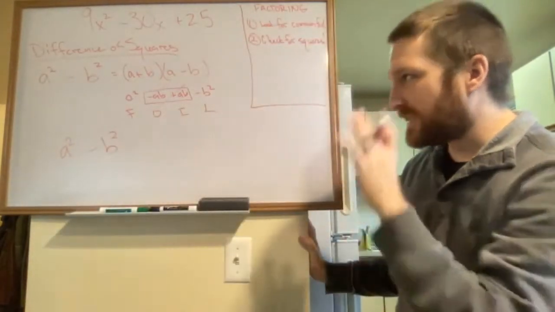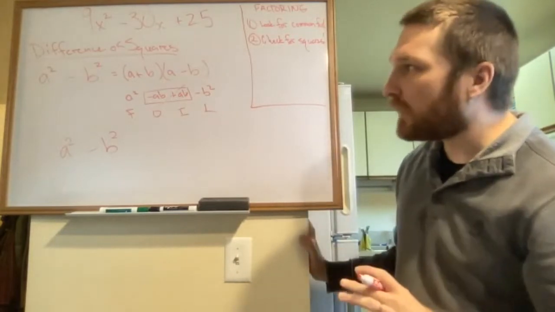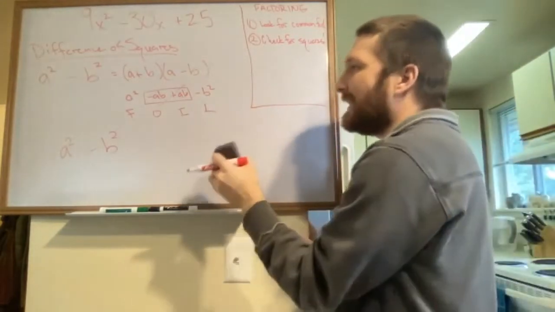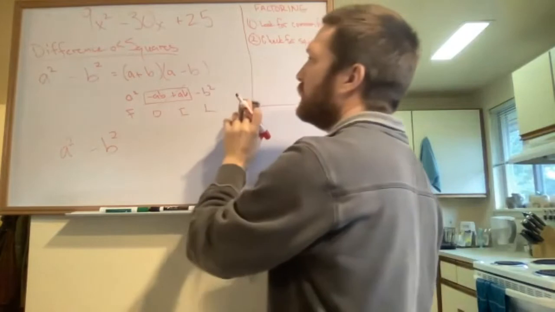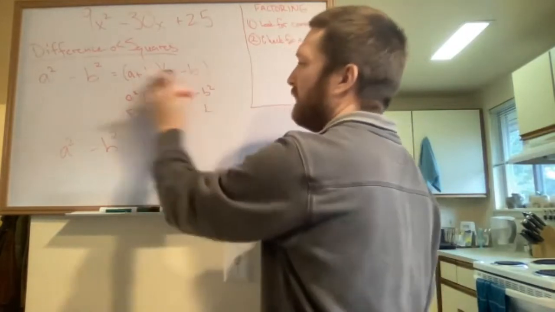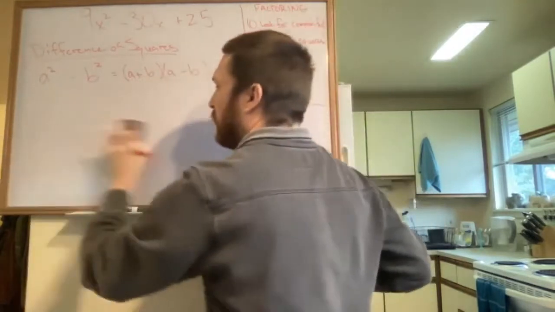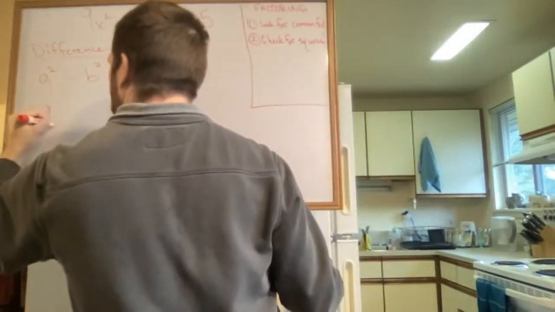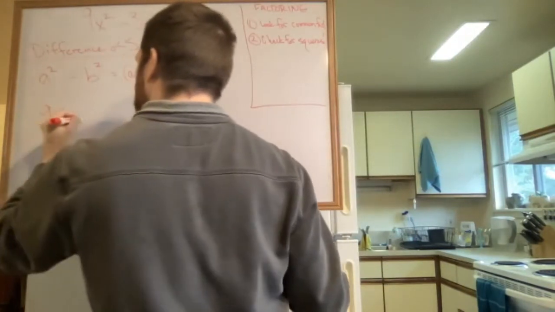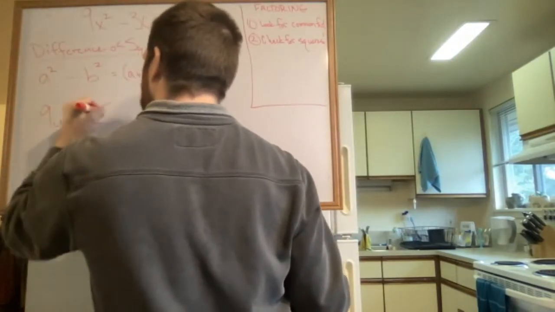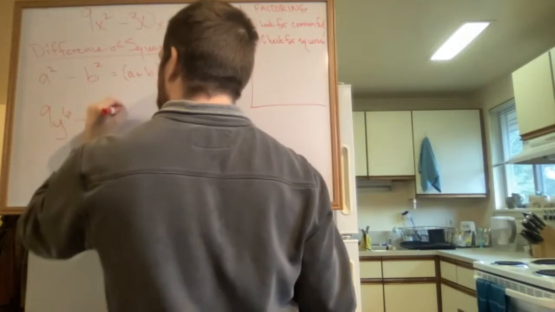Now, what you're going to see in your homework is something like this. You have all this right here? Yes. Okay. So how about 9y to the 6th minus 25x squared?